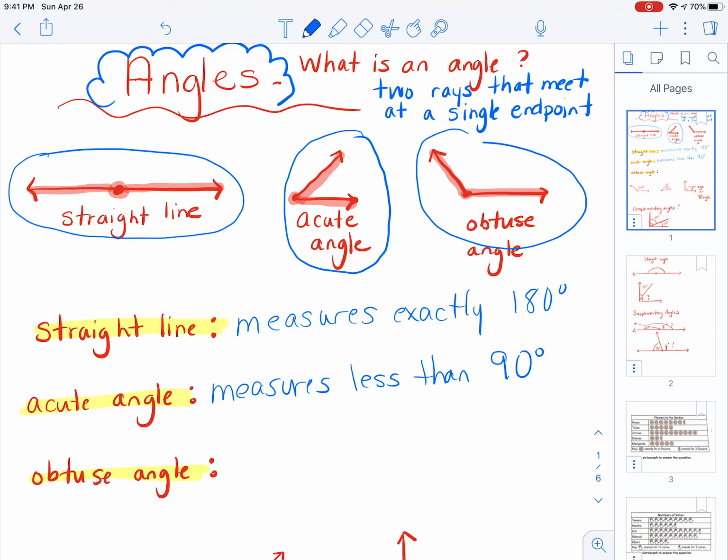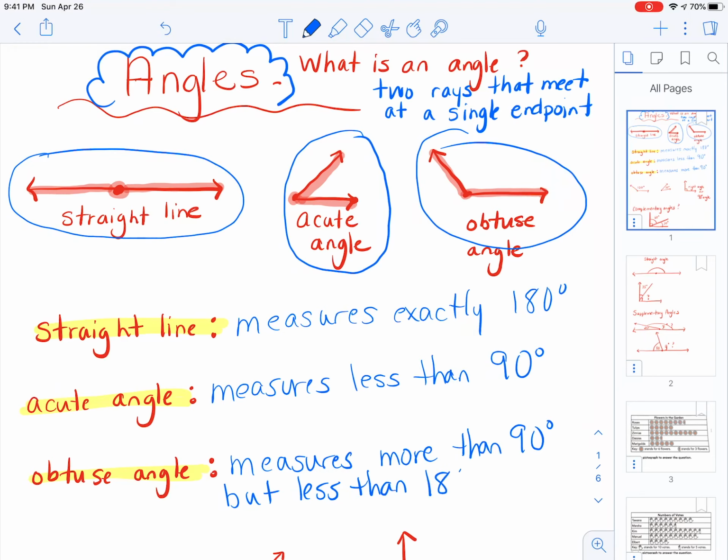An obtuse angle measures more than 90 degrees, but less than 180 degrees. So that kind of starts our conversation about angles.